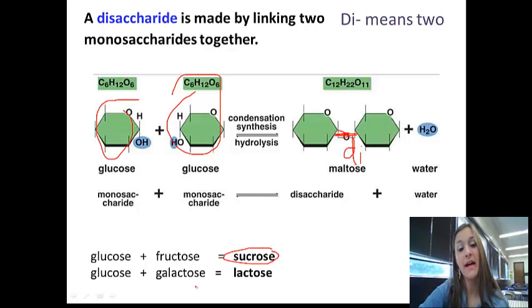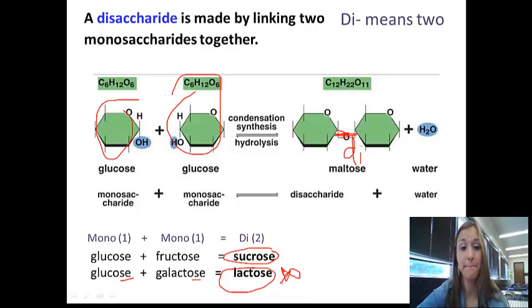Glucose and galactose, again, these are sugars, so they all end in OSE, is going to make lactose. Lactose is the sugar that's found in milk. So if you hear someone's lactose intolerant, it means they can't have milk. It's not the actual milk that they can't digest, it's the sugar in the milk that makes them sick.